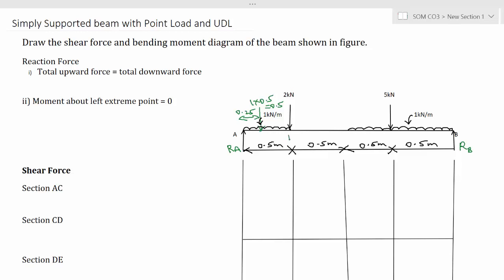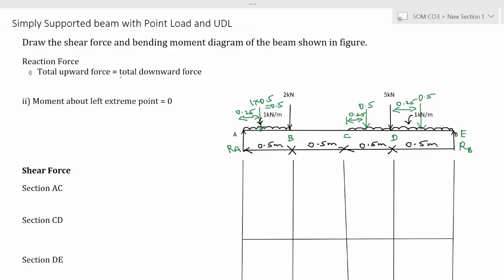Let us name the points A, B, C, D, E. I will consider CD separately and DE separately. First consider CD alone, its magnitude is 1 into 0.5, it is 0.5 kilonewton, and the distance is half of its length, so it is 0.25. Similarly here also it is another 0.5 and the distance is 0.25.